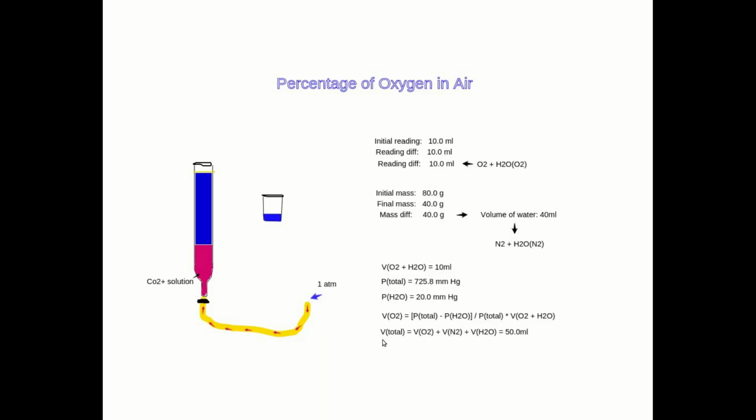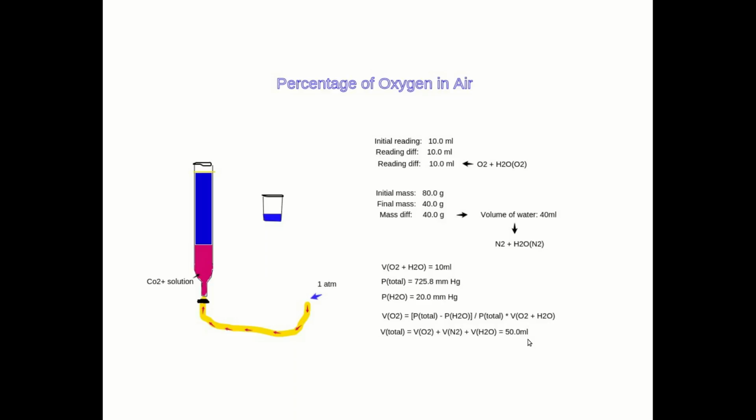And then we have the total volume of air, which consists of the dry oxygen, the dry nitrogen, and water vapor. This can be calculated by adding the difference of the first two readings and the volume of dry nitrogen and water vapor we calculated from the volume of water we added. In this case, the volume of total air is 50 milliliters.